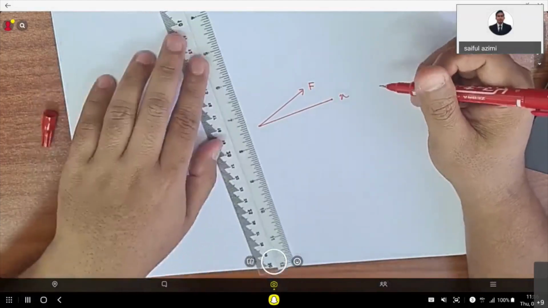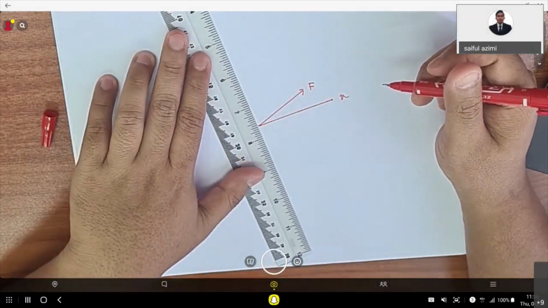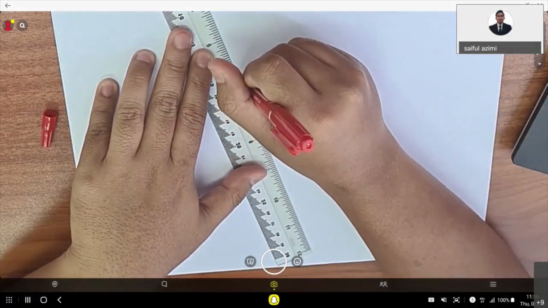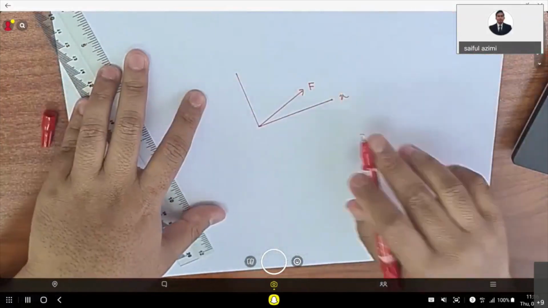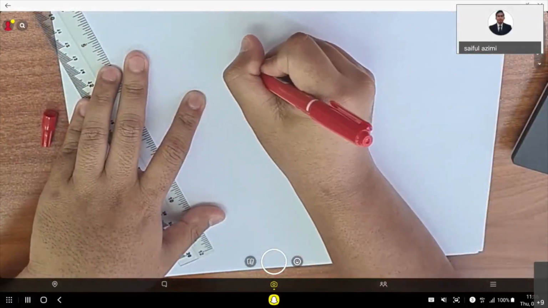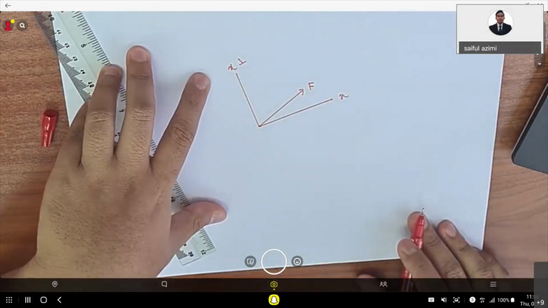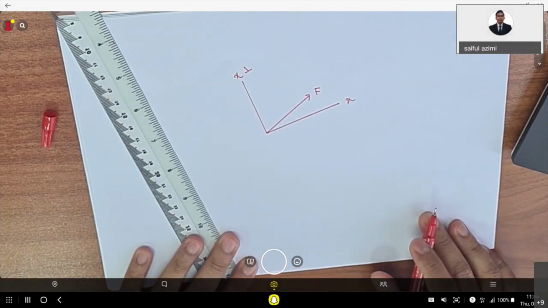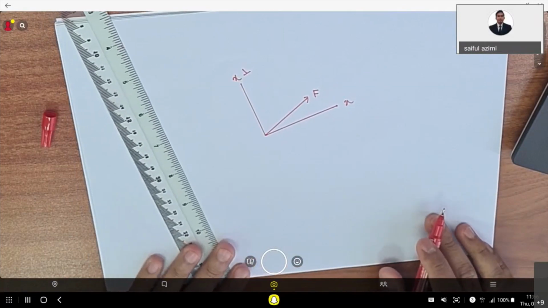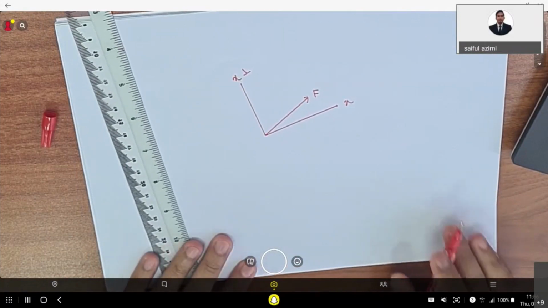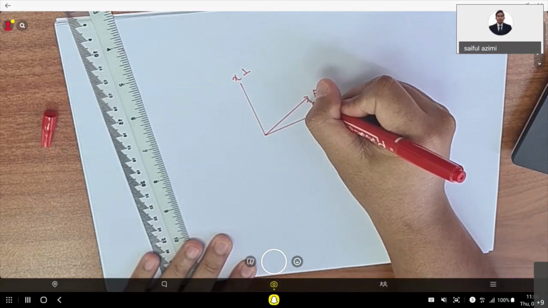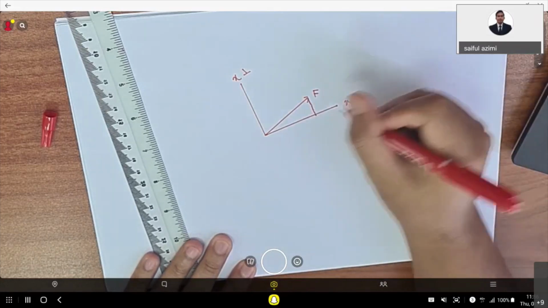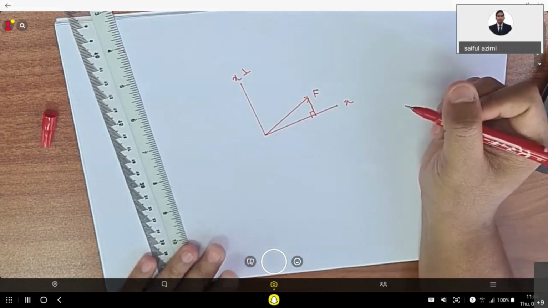It also wants you to find the perpendicular force, which is perpendicular to axis X. So we call it axis X perpendicular. So to find the force, first, because it is dot product, it must be right angle.